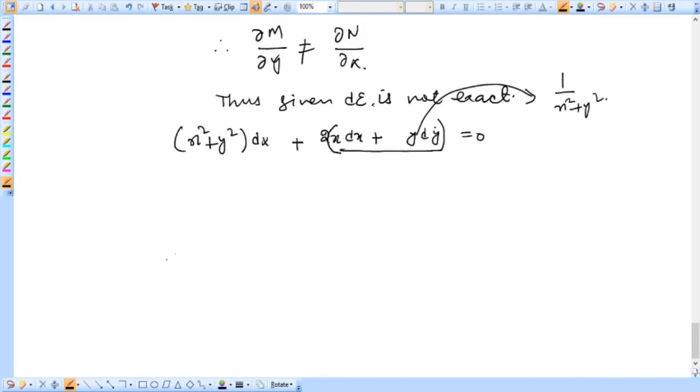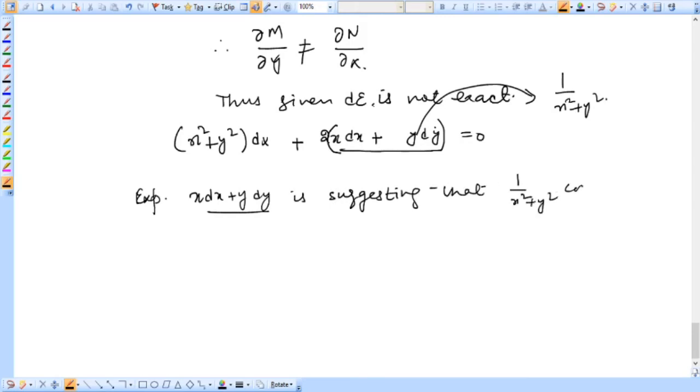So therefore, this expression x dx plus y dy is suggesting that 1 over x square plus y square could be the integrating factor of the given differential equation.